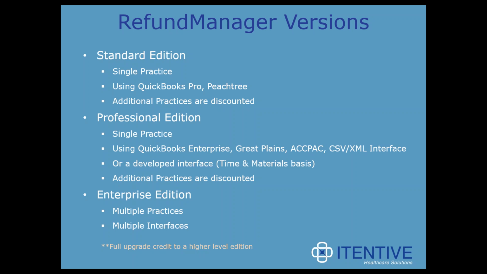And then the professional license is for larger mid-sized practices that use accounting applications such as Great Plains, ACPAC, QuickBooks Enterprise. And then our last license version is the enterprise version, which is for larger practices that have multiple practices set up and may require multiple interfaces to different accounting applications.